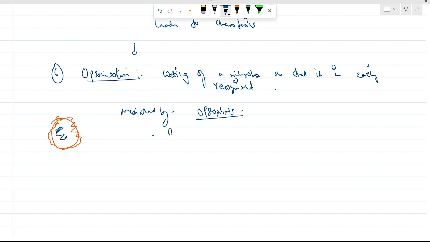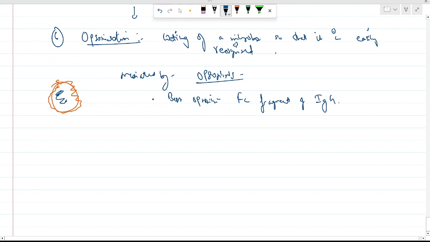Going one by one, the best opsonin is the Fc fragment of immunoglobulin G. Immunoglobulin G is involved in the antigen antibody interaction. This is Fc fragment. Go and study the structure of immunoglobulins, then you are going to understand. Fc fragment of IgG. Next are the complements.